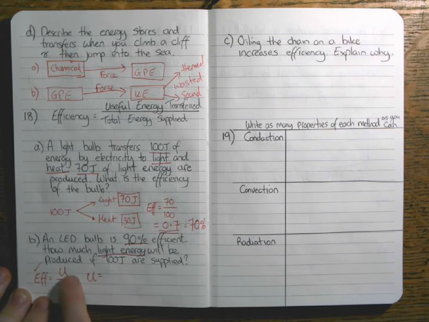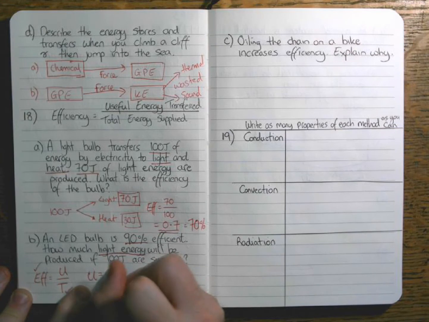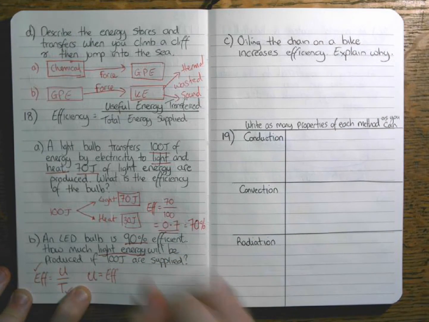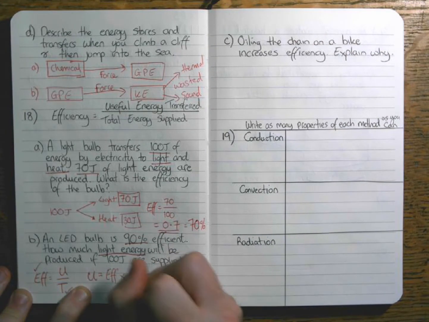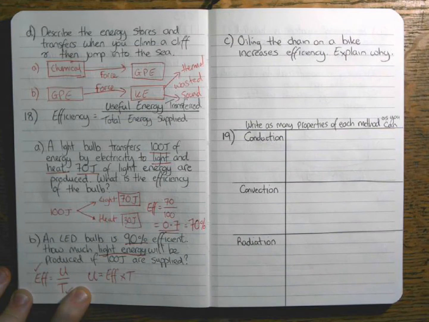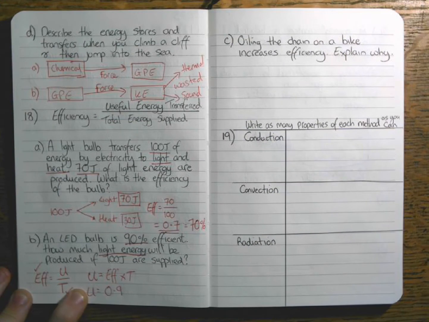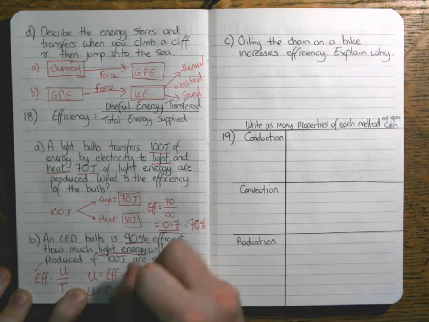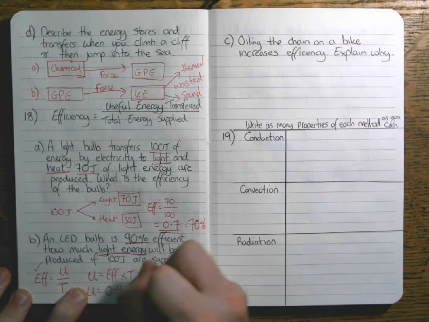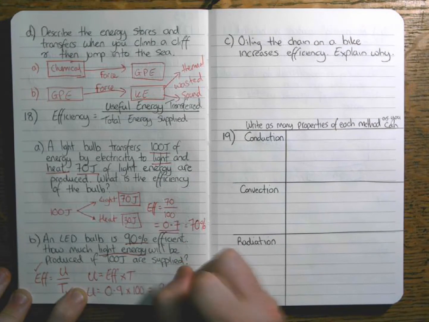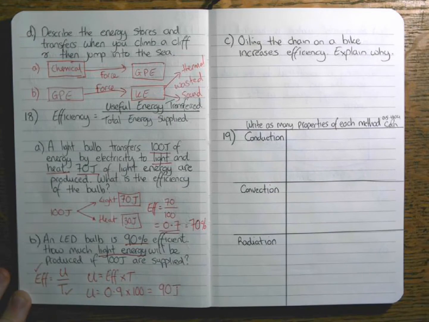Okay, so rearranging this, useful equals the efficiency number multiplied by the total amount of energy. So the amount of useful is 0.9, that's 90%, times by the total we put in, which was 100, so our final answer is 90 joules.